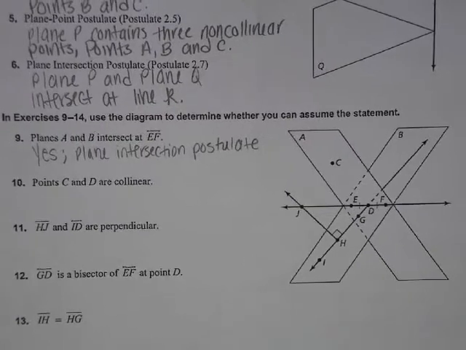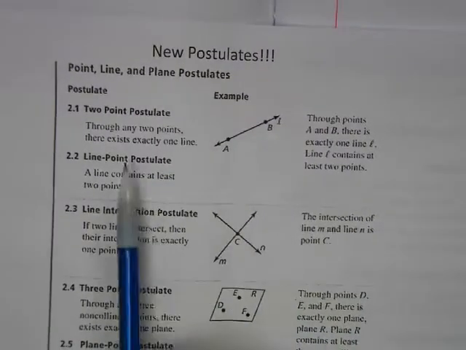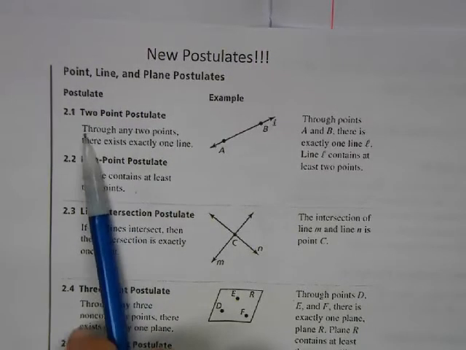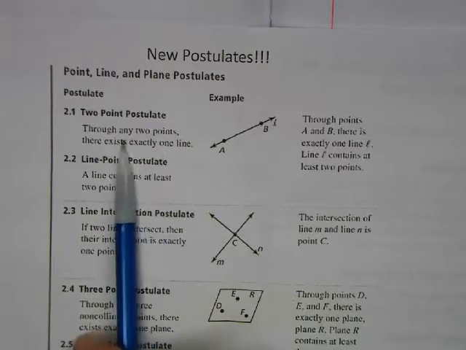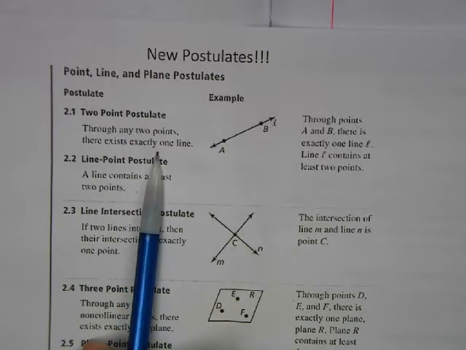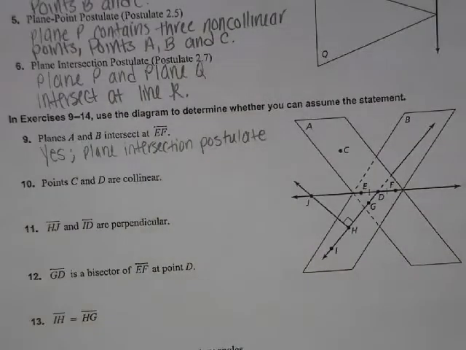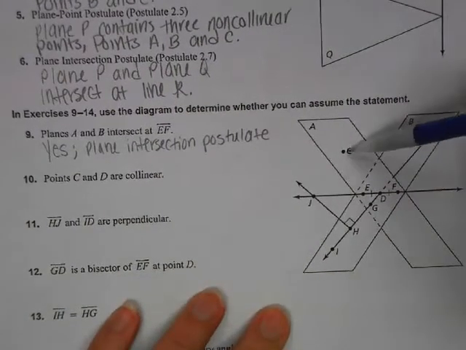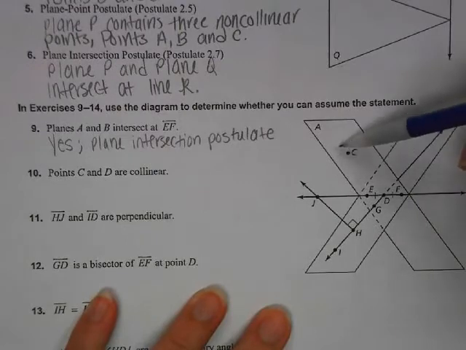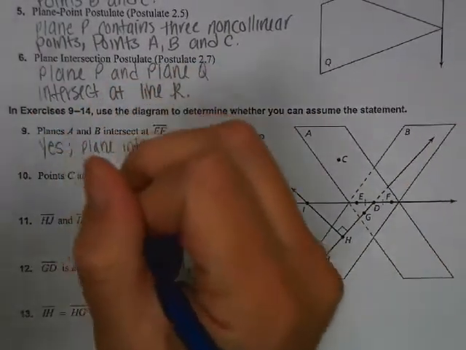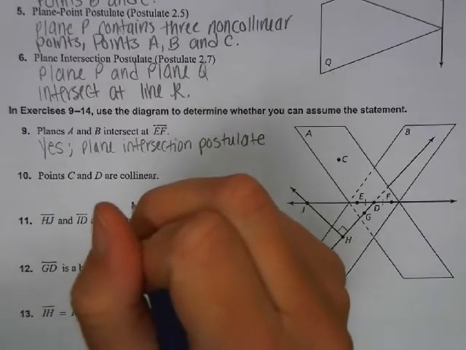So again, I'm going to go back to page 16, and it says postulate 2.1, through any 2 points, there is always going to exist exactly one line. So C and D, even though there is not a line that's connecting them in this particular diagram, they are collinear because of postulate 2.1.